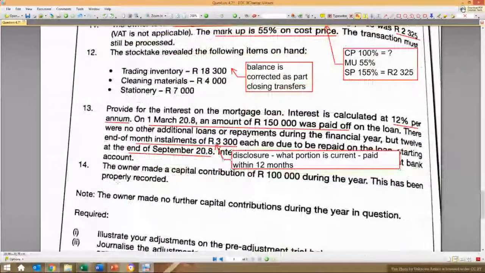Now if I do number 14, we said the owner made a capital contribution of 100,000 during the year, and this has been properly recorded. So I don't have to do a journal for that.